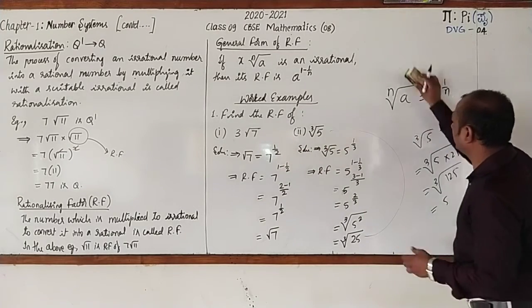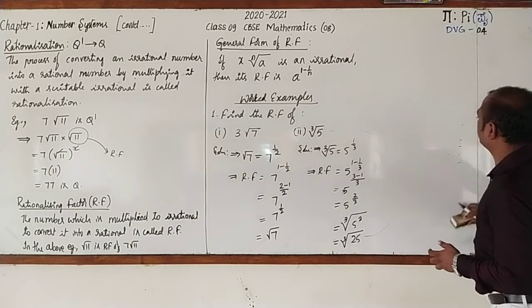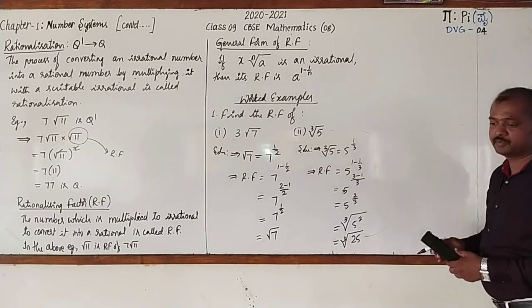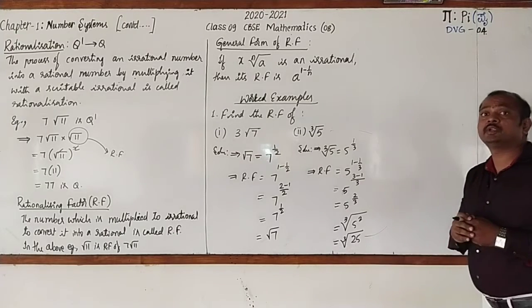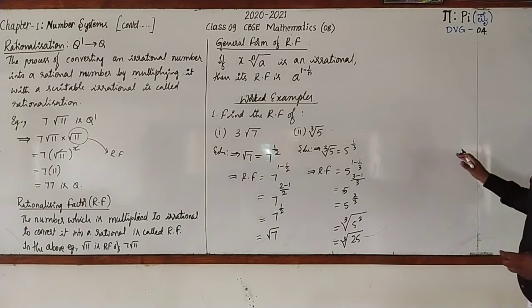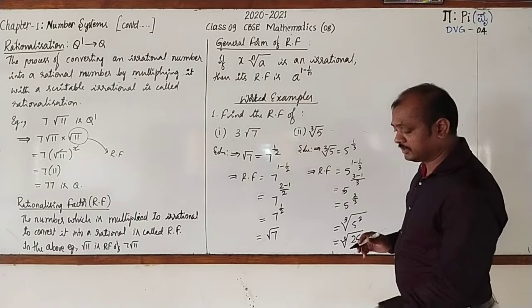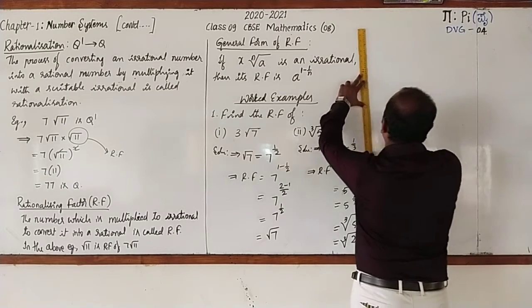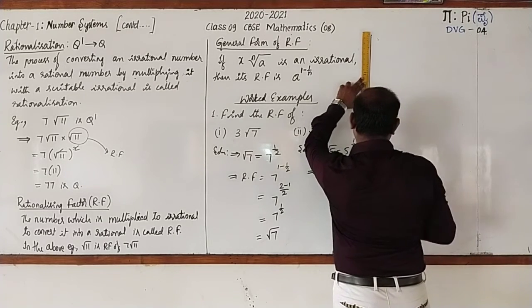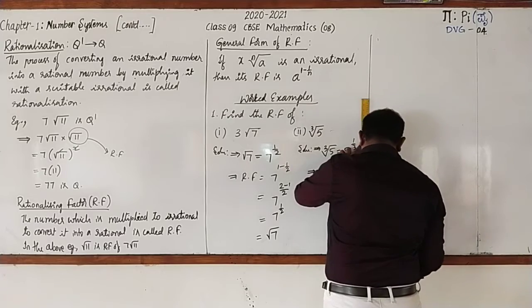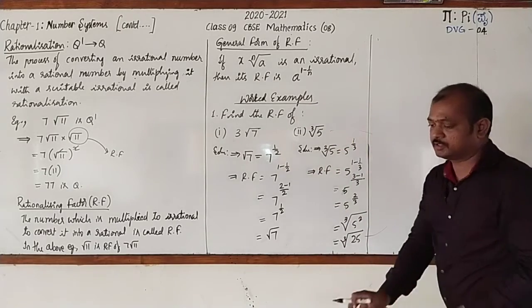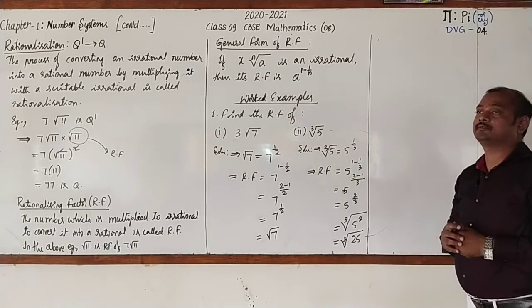Now, I am going to write the list of the irrational numbers and you are going to write their rationalizing factors or conjugates. Then you all may be thinking that, sir, suppose binomial is there.